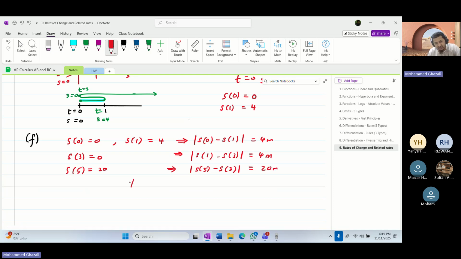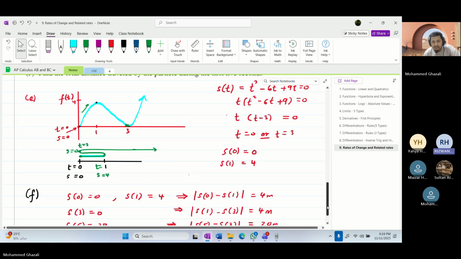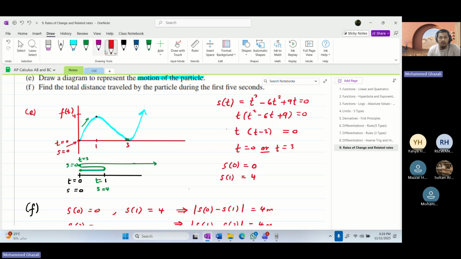So what's the total distance traveled? 28. Are we supposed to also count the distance traveled from S of 1 to S of 3, which is also 4 meters? We go from 0 to 4 and then back to 0.